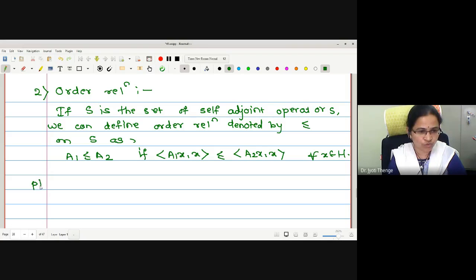Okay, let us just go for the properties. What are the properties?